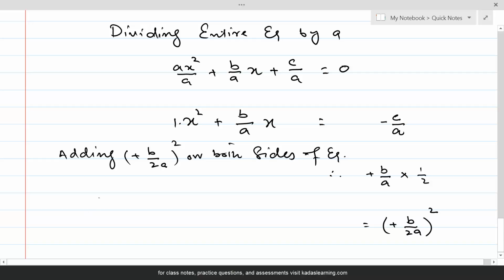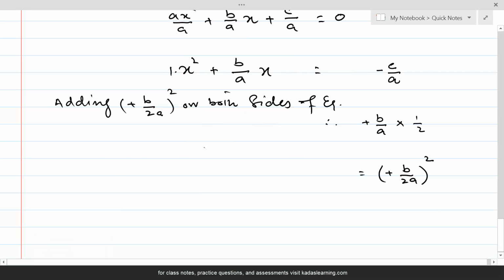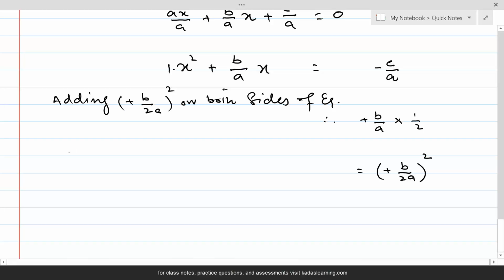What we get is x square plus b over a x plus b over 2a square equal to minus c over a, which was already there, and plus b over 2a whole square.